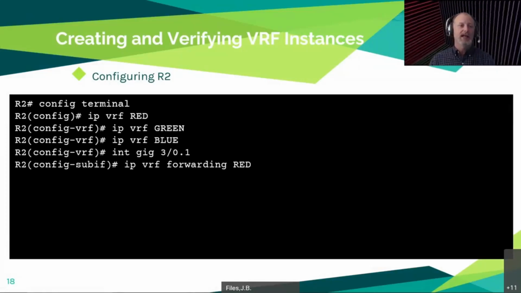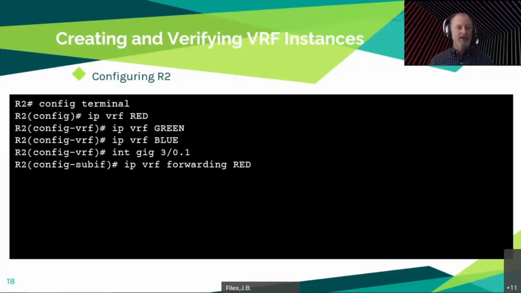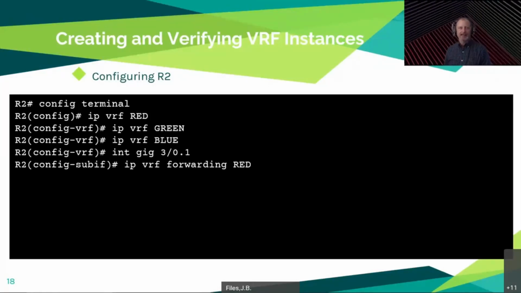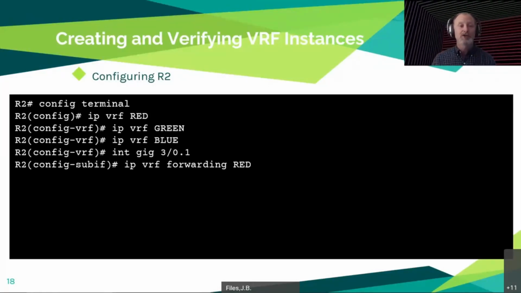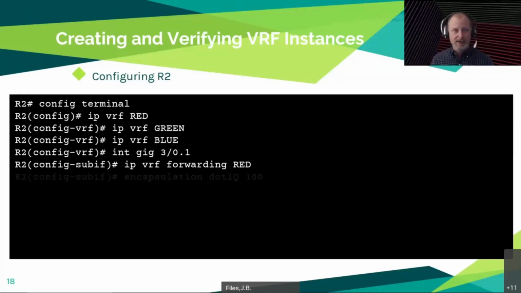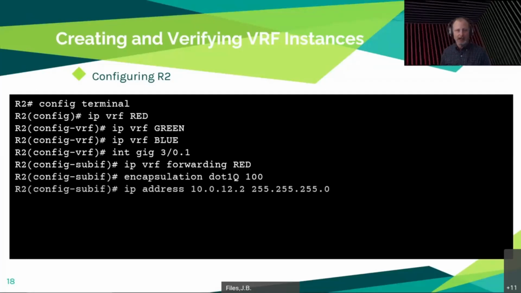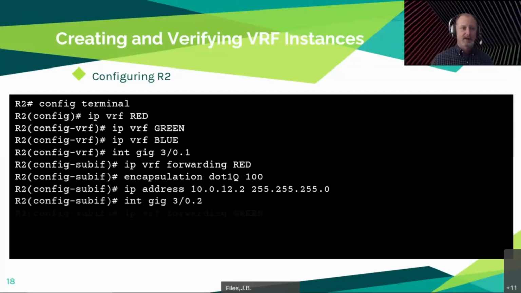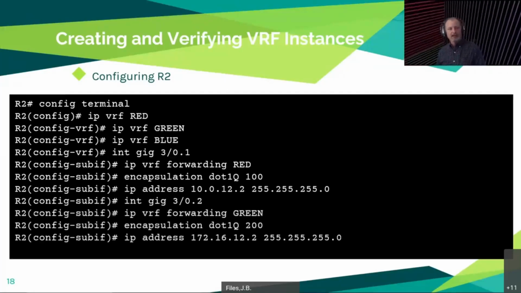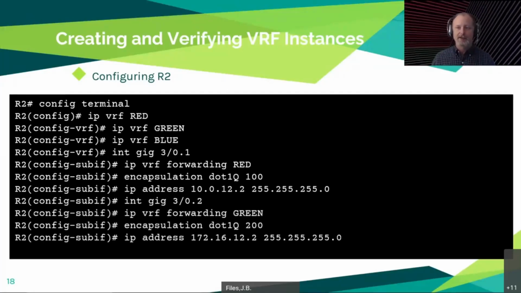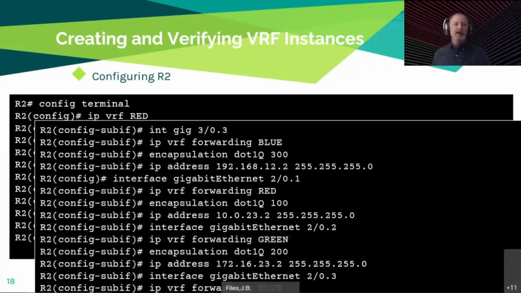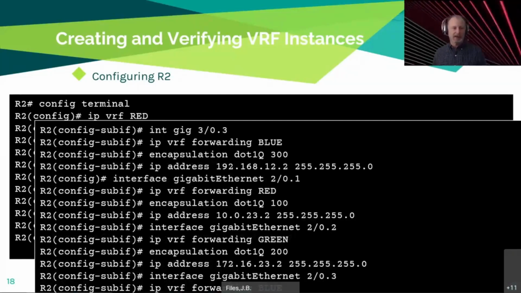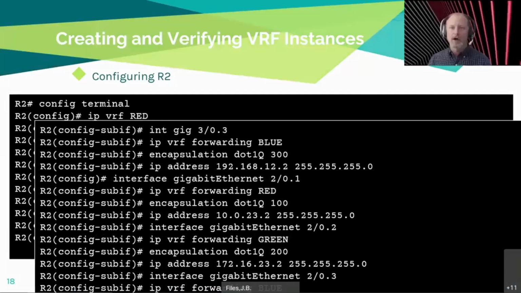So we assign gig 30.1 to red, and R2 is all sub interfaces. So we do the encapsulation and IP address. Then we do .2 green, encapsulation and IP address. We're going to do that for a total of 6 sub interfaces for R2.